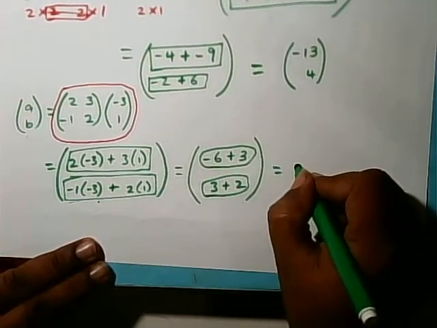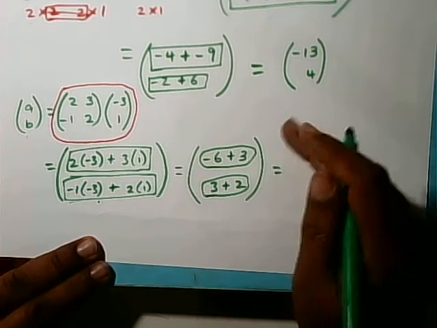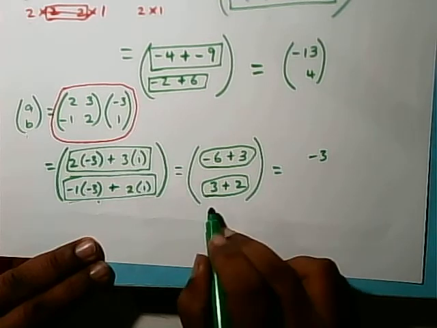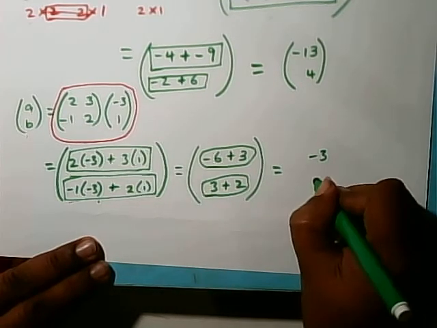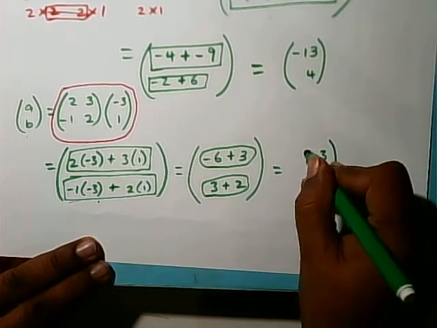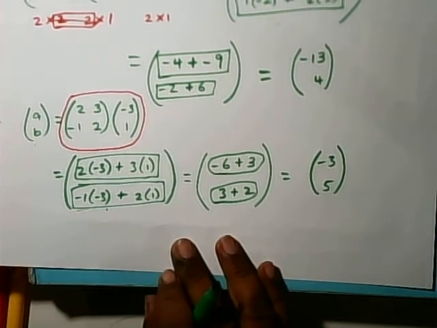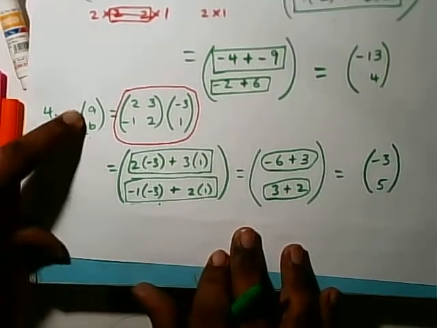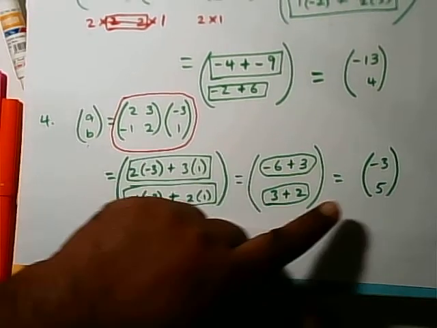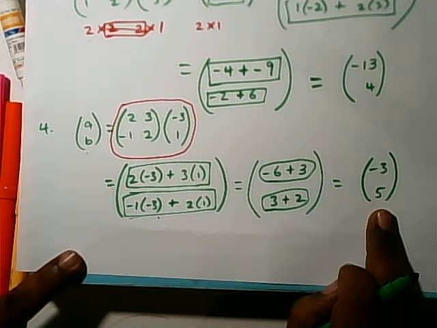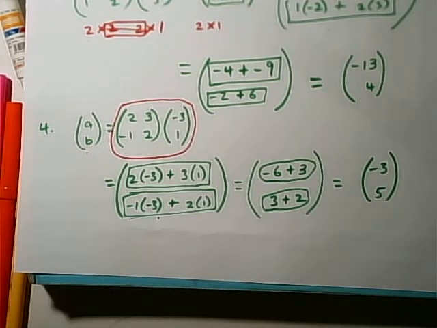Minus 6 plus 3, go down 6, go up 3, minus 3. Then 3 plus 2 is 5. So that means that A, B is equal to [-3; 5]. So we just match the corresponding positions.